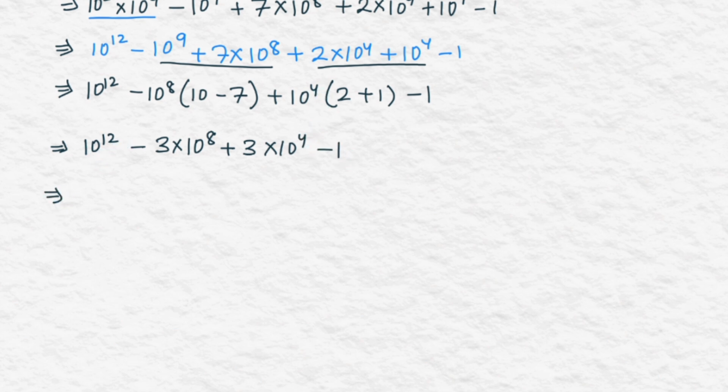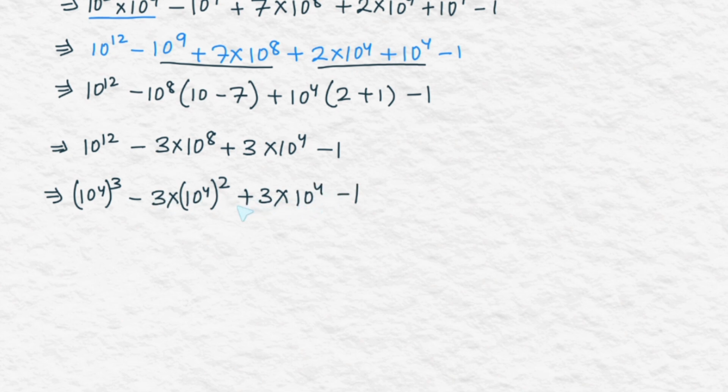Now we can write this 10 to the power 12 as 10 to the power 4 whole cube. We know that if you multiply 4 into 3 we will get 12, so we can write 10 to the power 12 in this form. Similarly, we can write 10 to the power 8 as 10 to the power 4 to the whole square, plus 3 into 10 to the power 4 minus 1.